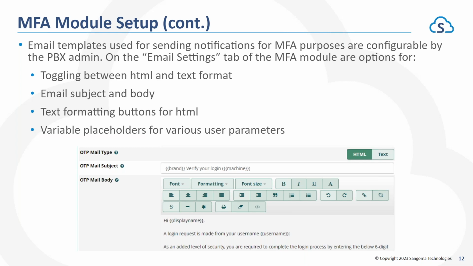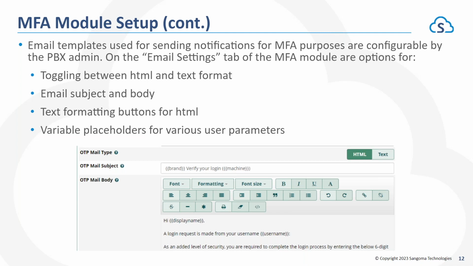You can control whether emails are delivered in HTML or text format. You can edit the subject or the body of the emails, making them unique to your specific system or organization, which would facilitate identifying emails from illegitimate phishing attacks.